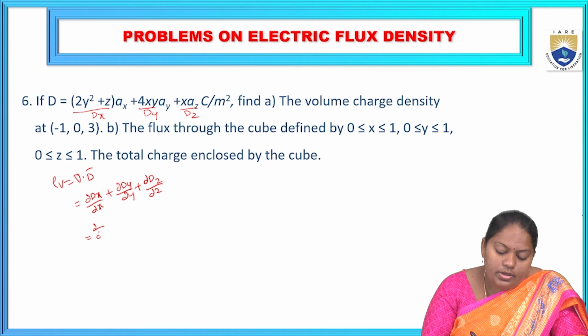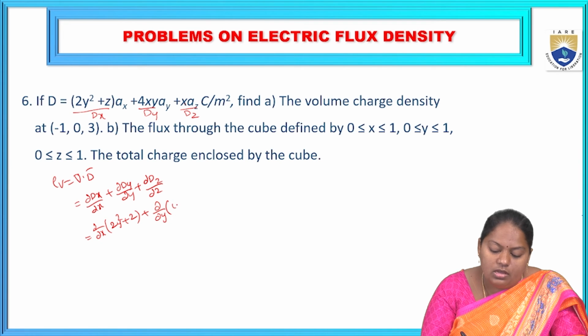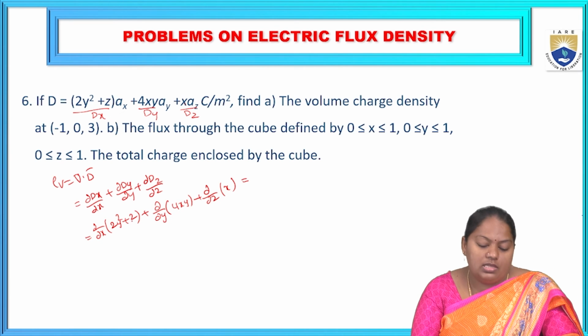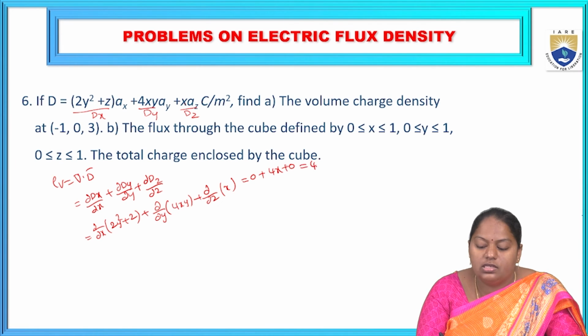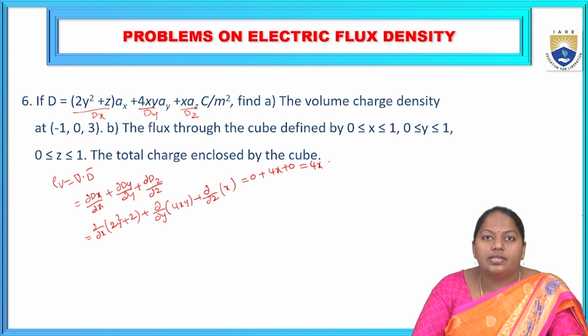So dou by dou x of Dx, there is no x component, hence it is 0, plus dou by dou y of 4xy, which is 4x, plus dou by dou z of x, which is 0. Hence it will be equal to 4x.